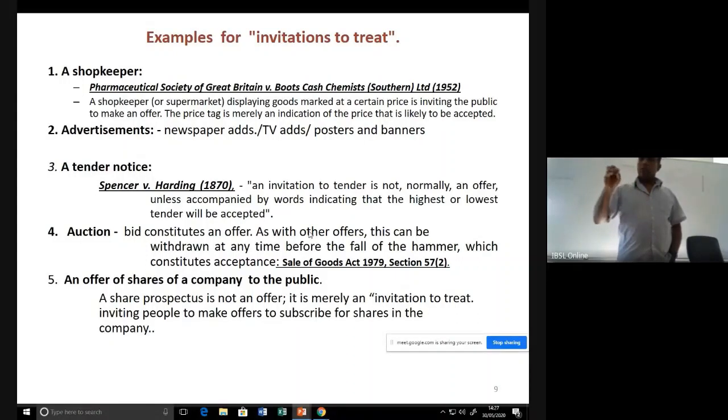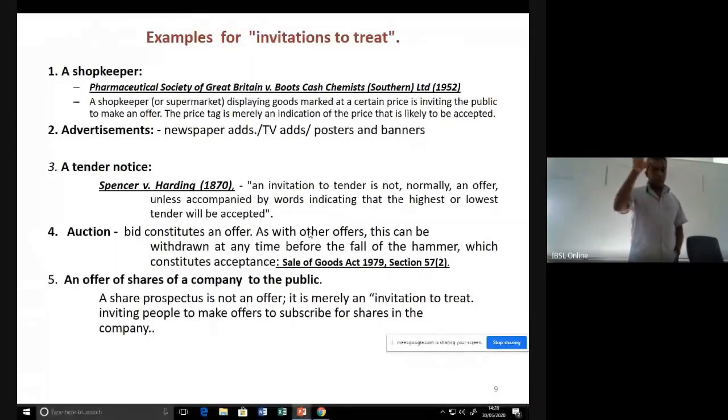So when you go to the shop, when you bring the items to the desk, at the desk you are making the offer, cashier can even reject, right? Even reject. That is at the shop, right?